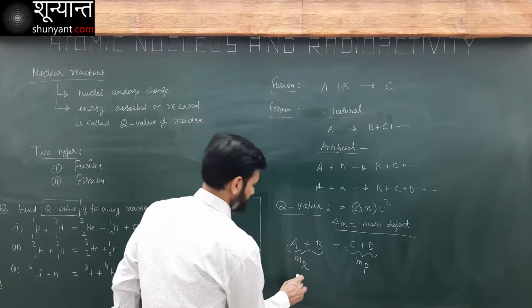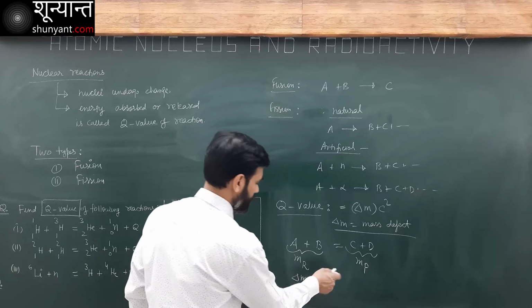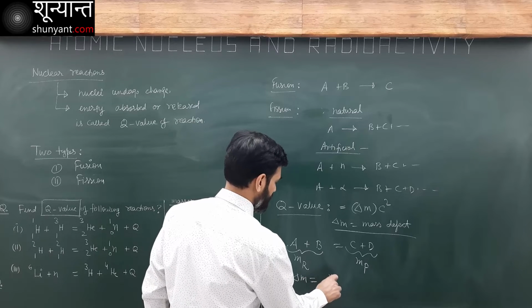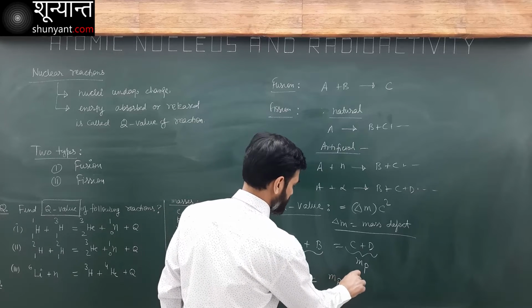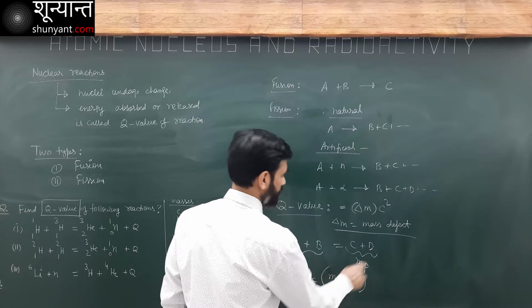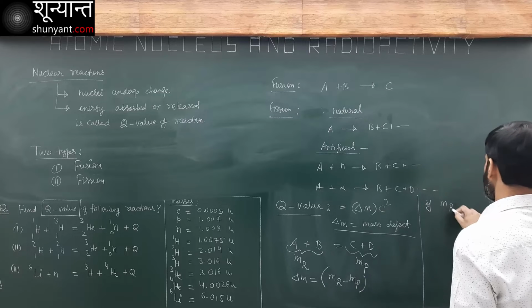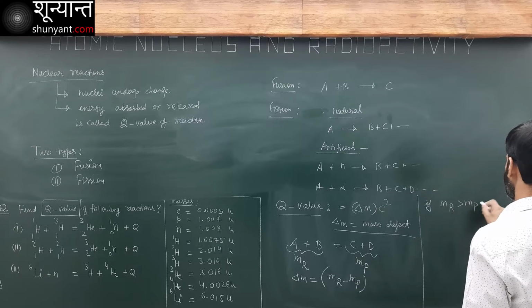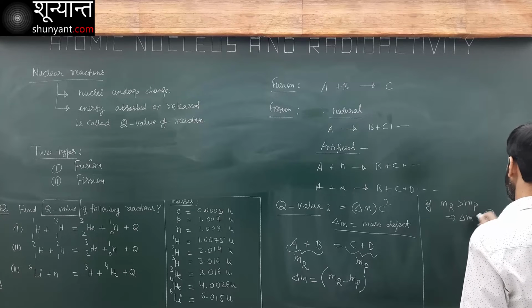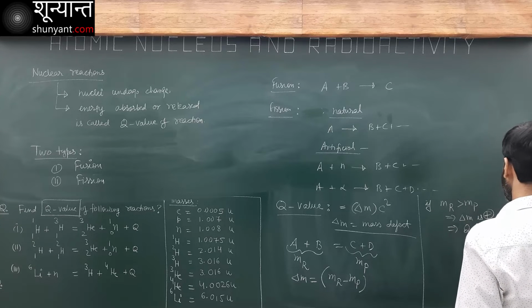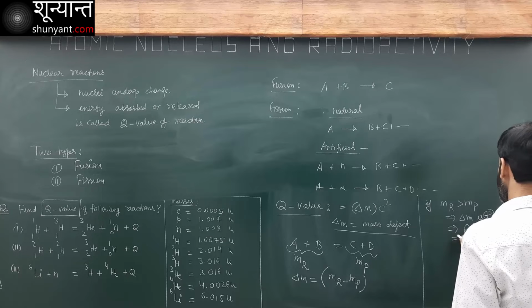So now delta M is equal to the mass of reactants minus the mass of products. If the mass of reactants is more than the mass of products, then delta M is positive, then Q is positive.